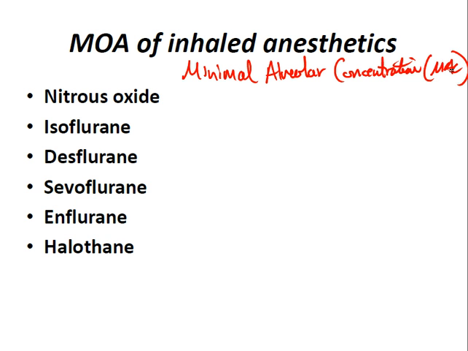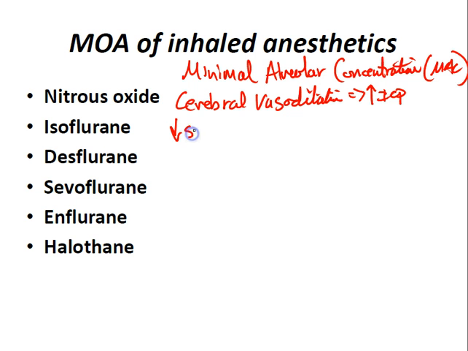Now, inhaled anesthetics produce the following systemic effects. You're going to see cerebral vasodilation, therefore increased cerebral blood flow. What's that going to lead to? Increased ICP, increased intracranial pressure. You're going to see systemic blood pressure decrease, therefore a decreased systemic vascular resistance. You're going to have a decreased tidal volume.